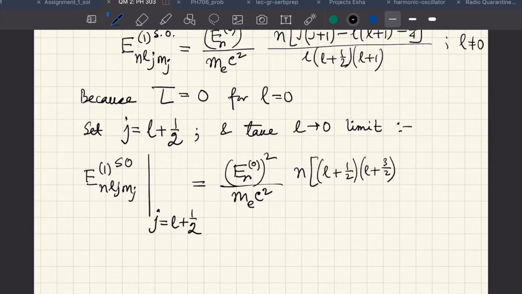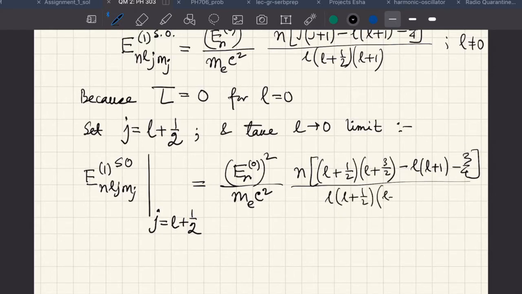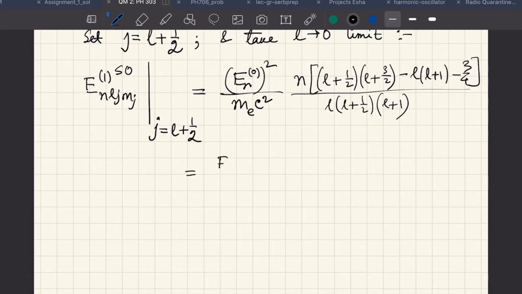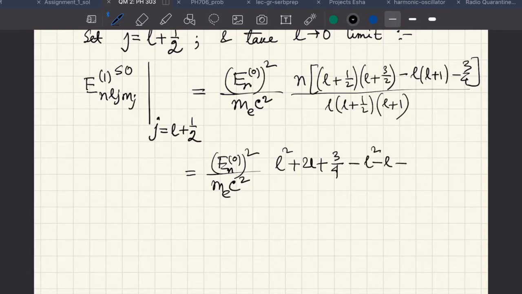So the first term is (l plus half)(l plus 3/2) minus l(l+1) minus 3/4, and in the denominator we have as usual l into (l plus half) into (l+1). So how does it go? It goes like En0 whole squared divided by m_e c squared, and then l squared plus 2l plus 3/4 minus l squared minus l minus 3/4.